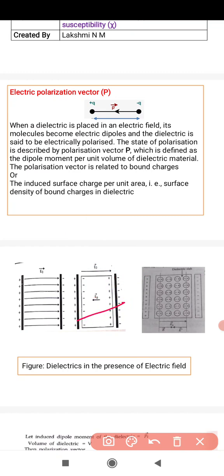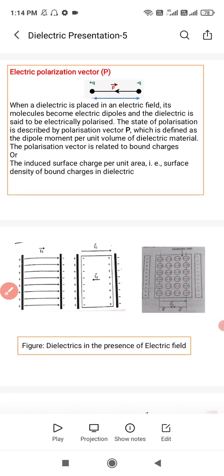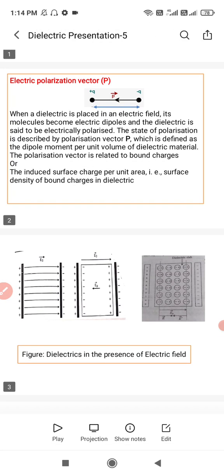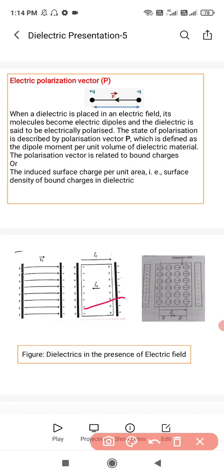After the formation of the dipole, polarization takes place. This polarization vector produces an electric field EP. It is always produced in the direction opposite to the applied electric field. This is the direction of the polarization vector, and this is the direction of the applied electric field.